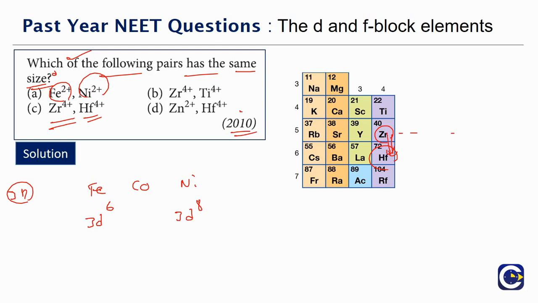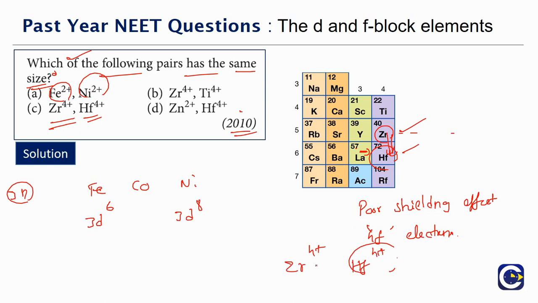As we go down the group, we expect the size to increase since we are adding more shells. But before we reach hafnium, the lanthanoids come, from 57 to 72. The poor shielding effect of these 4f electrons results in what we famously call the lanthanoid contraction. As a result, zirconium and hafnium have almost similar sizes, and in the same way Zr4 plus and hafnium 4 plus also have similar sizes.